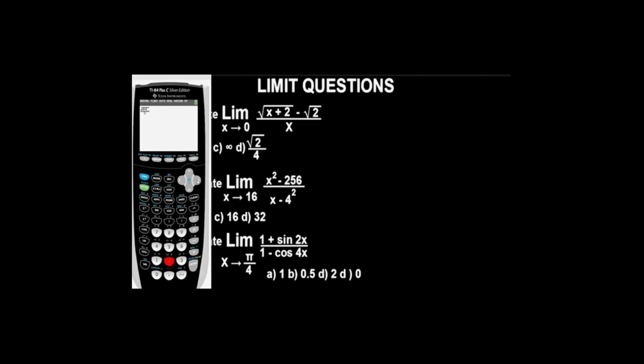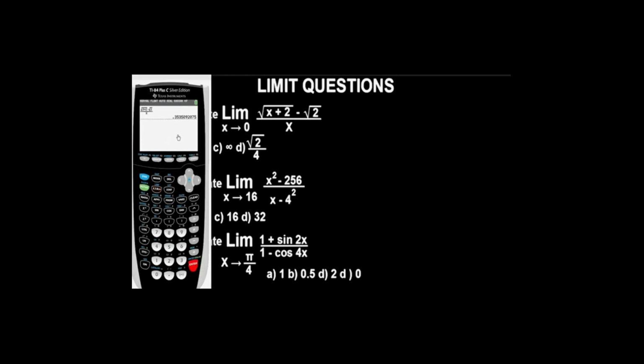Just give space, press this button, then put minus. So we have minus square root of 2, second and this button. Square root of 2 over x. So that's it, guys. Let's press enter now and see what we're going to have as our output.